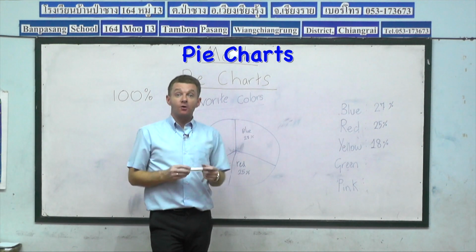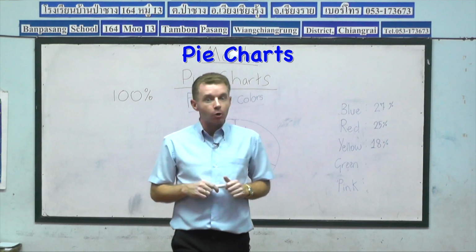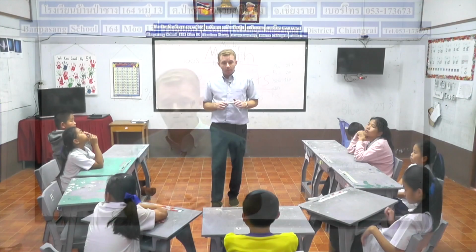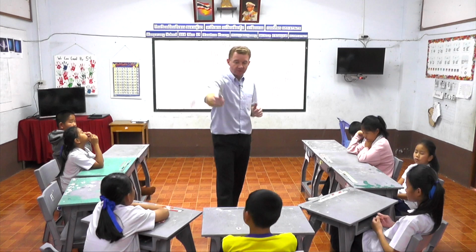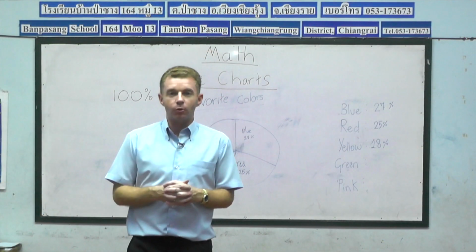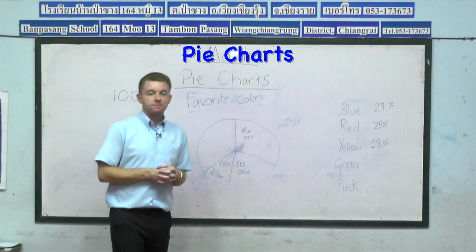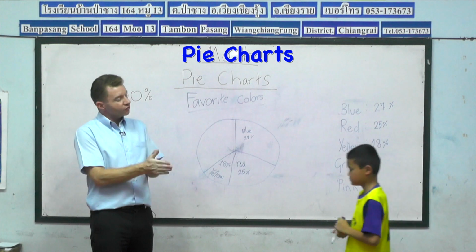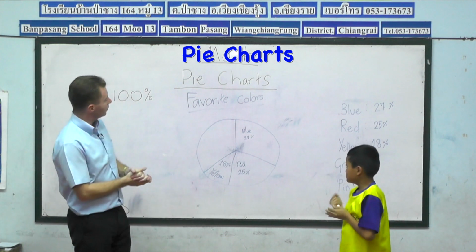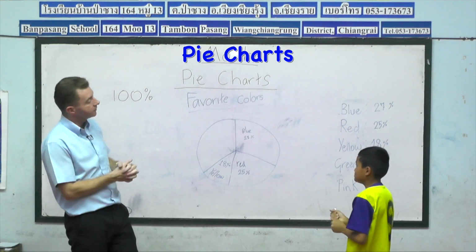And our next colour is green. So let's see who can come forward and fill in the green slice of pie. How about Chu? Chu, come and join me at the front of class. And Chu can demonstrate how to do the green slice of pie. So Chu, how many % of people will we say chose their favourite colour as green?